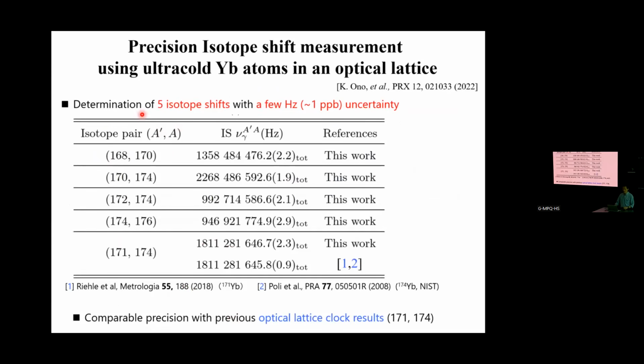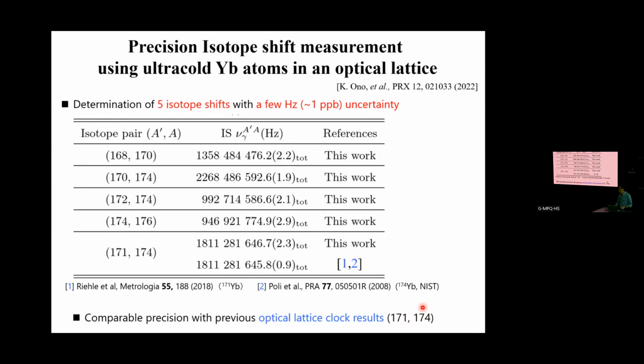We determined the 5 isotope shifts with a few hertz uncertainty, corresponding to parts per billion uncertainty. So this is not bad. Particularly, we achieved comparable precision with the previous state-of-the-art optical lattice result for these isotopes.